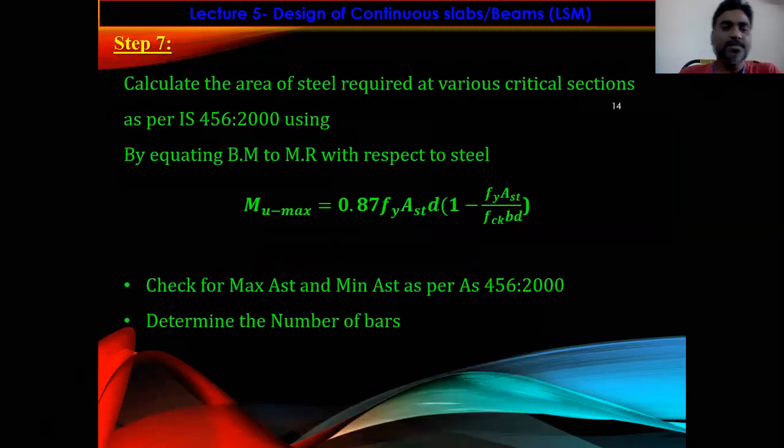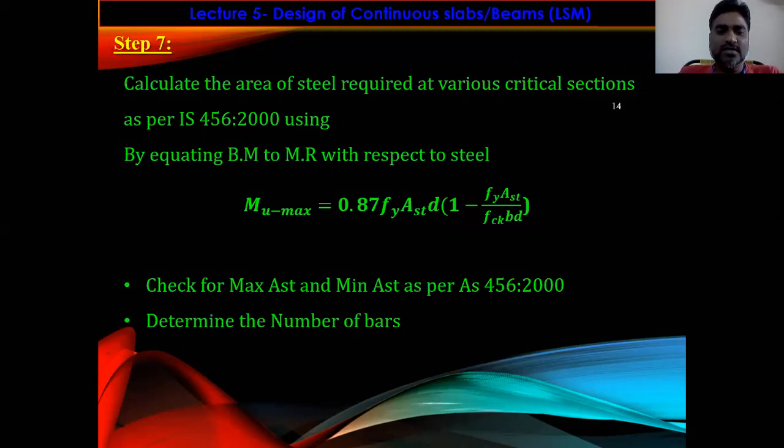next calculate the steel. So here there are two types of steel in slabs, that means along the longest span direction as well as shortest span direction. If it is a one-way slab, you need to provide the main reinforcement in the shortest span direction, and in the longer span direction, you need to provide the distribution reinforcement, right? So if it is a one-way slab, you need to calculate the main reinforcement only in the shortest span direction.